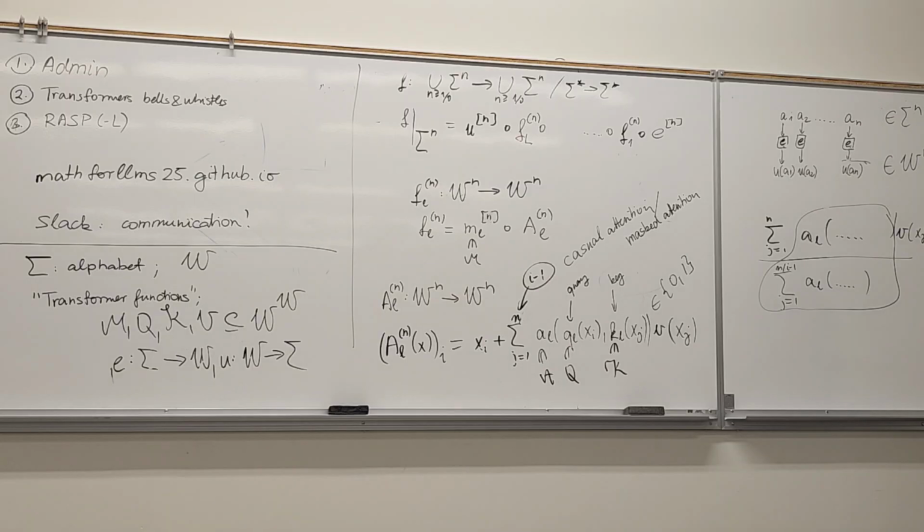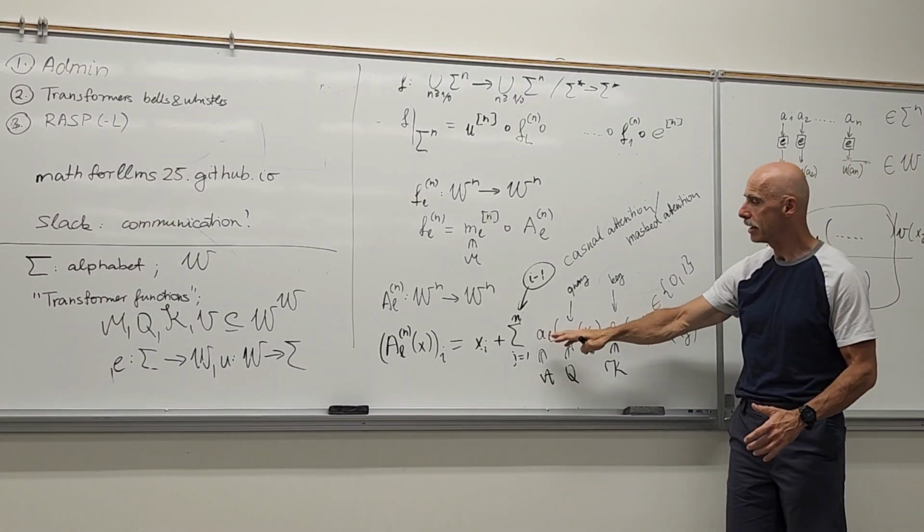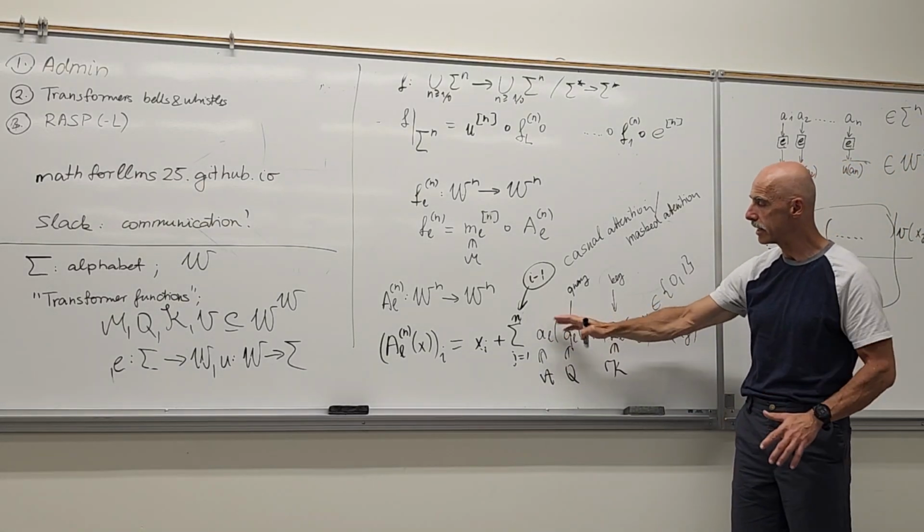That could still cause problems, in particular the scaling of how these vectors are scaled so that the inner products are maintained as n is getting bigger. In A_l there is not going to be anything trained.